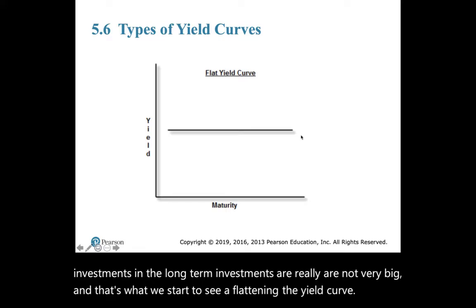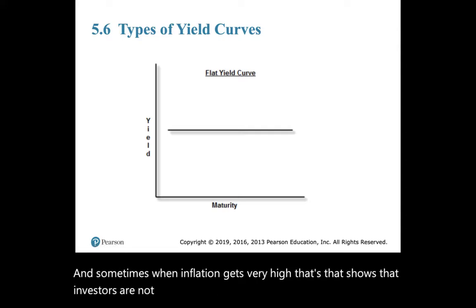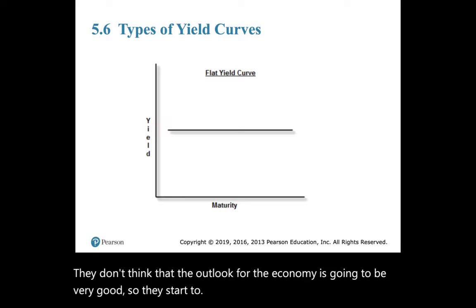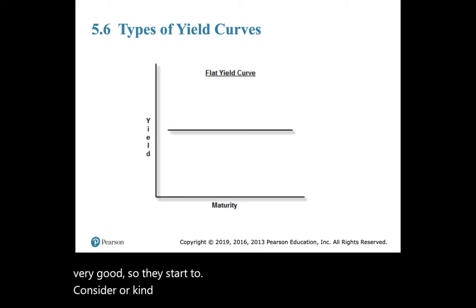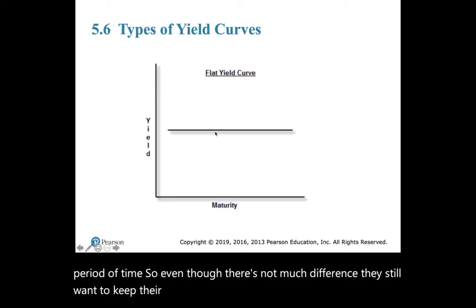And sometimes when inflation gets very high, that shows that investors are not very confident in the future. They don't think that the outlook for the economy is going to be very good. So they start to prefer to keep their money invested for a longer period of time. Even though there's not much difference, they still want to keep their money invested for longer, even though short term is pretty much the same payoff.